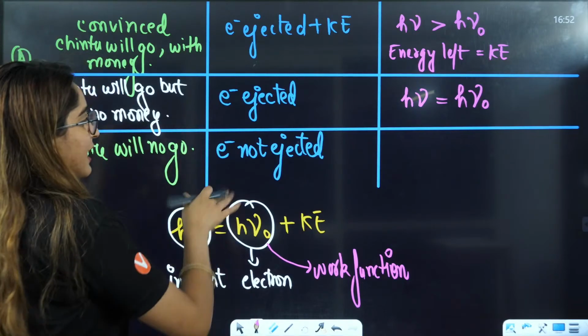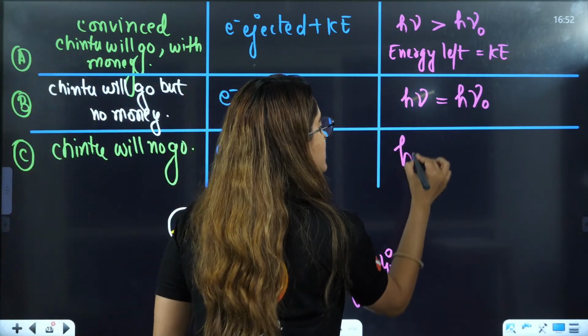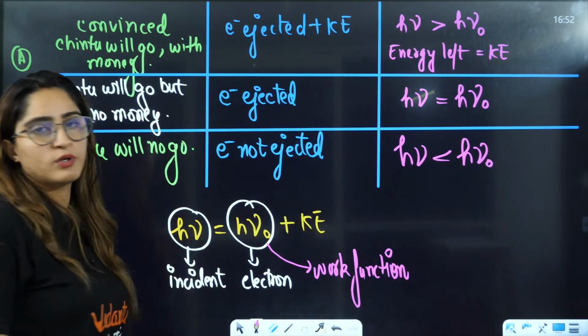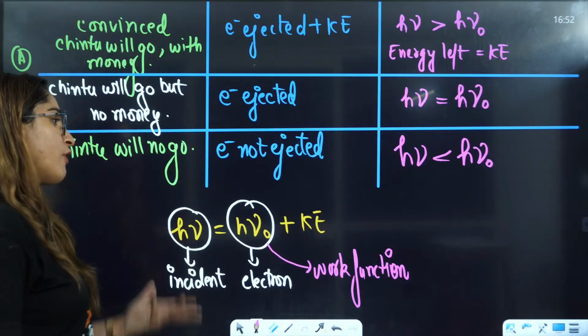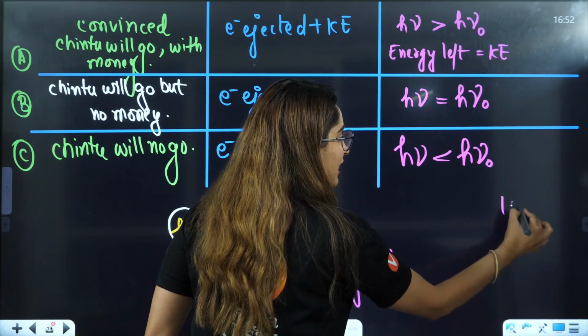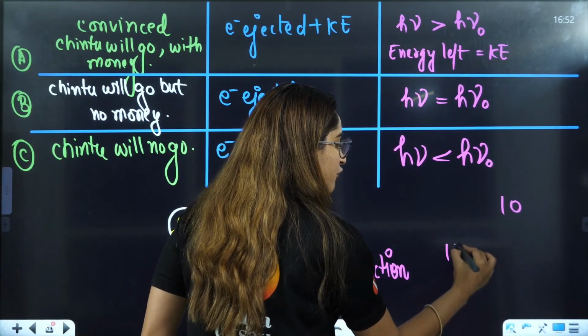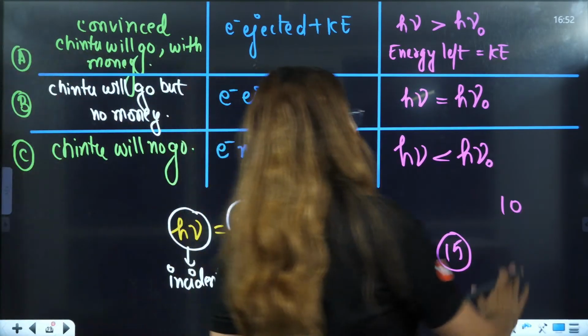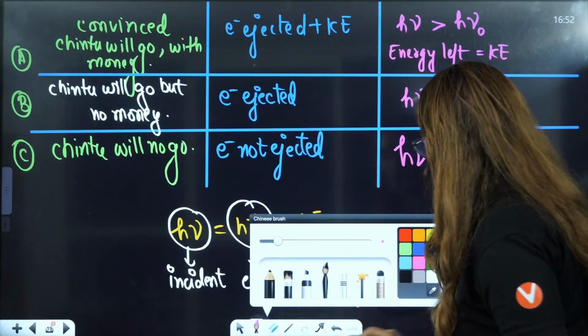Third one, the electron is not ejected. That means hν will be less than hν₀. For example, incident light has 10 and the energy required here is 15. So it's not possible to take out the electron, and the electron will not be ejected in this case.